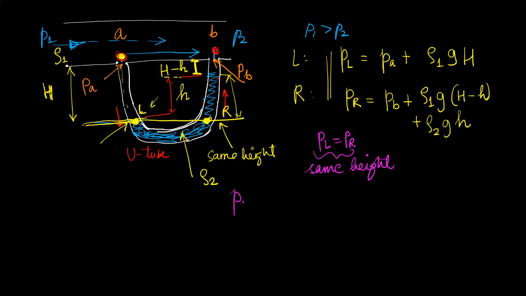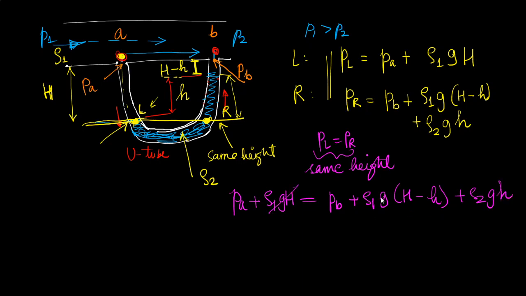And that implies PA plus rho 1 GH is equal to PB plus rho 1 G (H minus small h) plus rho 2 G small h.